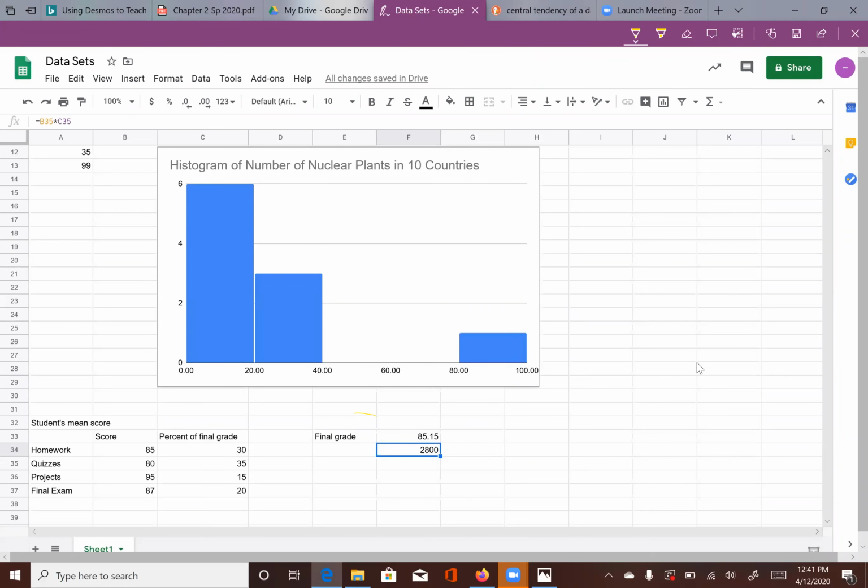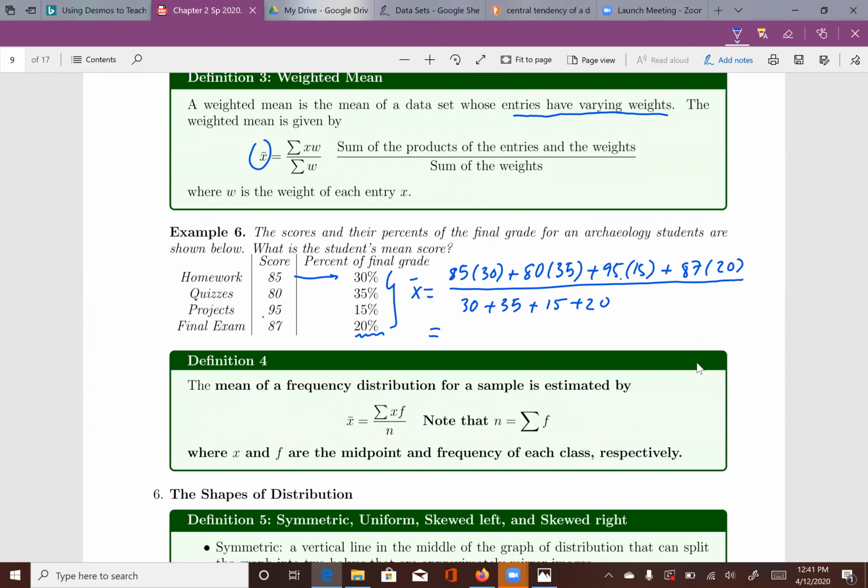This is the final grade that I calculated. All right, 85.15 is the student's mean score or the student's final grade in terms of percentage.